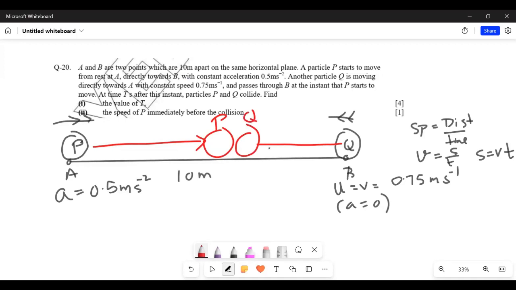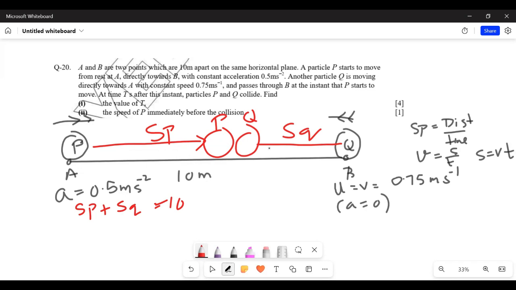So that means the distance covered by P and the distance covered by Q should be equals to this 10. So the equation you form now is going to be SP plus SQ should be equals to 10. That is when the gap is 0. When the distance sum is going to be 10.